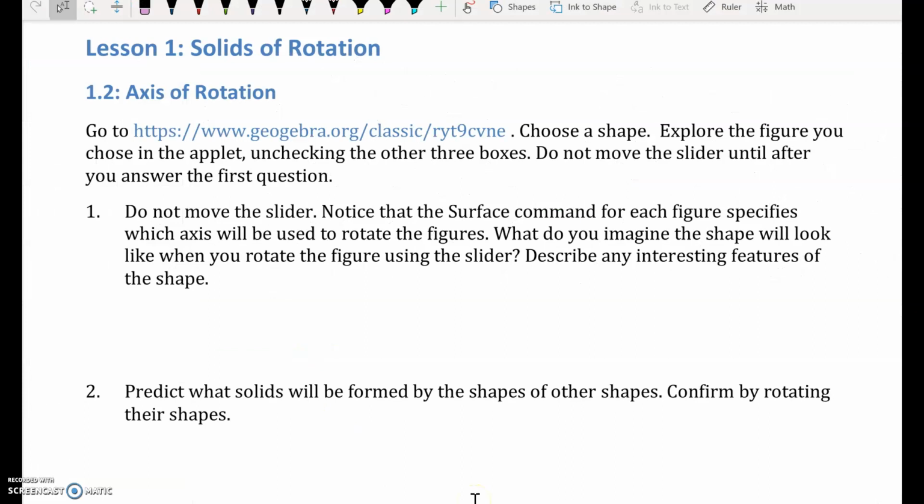So we're going to come back here and answer Question 1. Figure 1 became a cone, and something special about that was that the y-axis is the center of the cone.